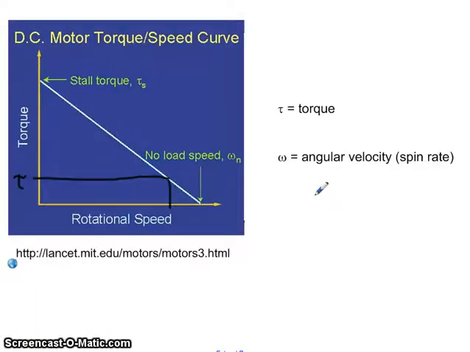And if there was a particularly large torque, then the spin rate would drop pretty dramatically to maybe just a third or a quarter of its maximum value. So the greater the torque presented to the motor, the lower the rotational speed could be. There's an inherent trade-off there.